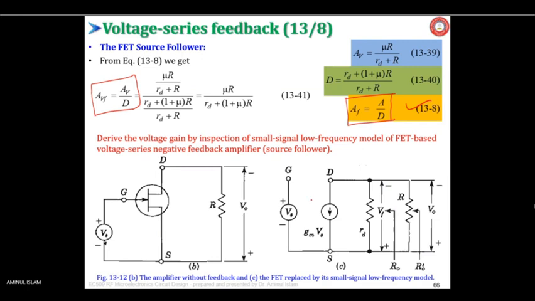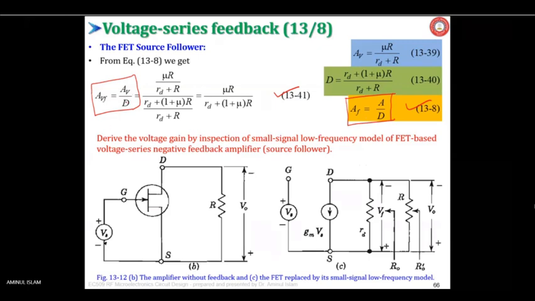This equation has come earlier, this is 1341 and this is 1308. At the beginning of this module, we defined AVF, the voltage gain with feedback, equals voltage gain without feedback divided by D, which is the sensitivity. Are you remembering? Yes, sir.